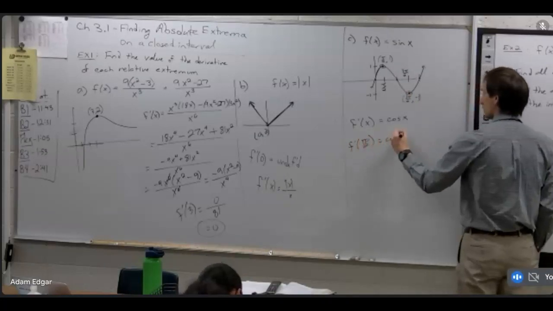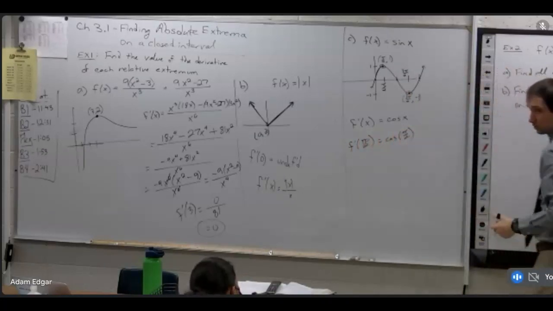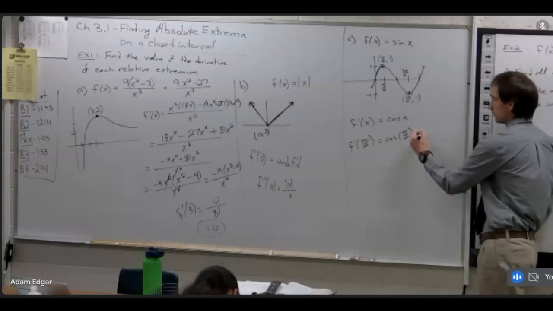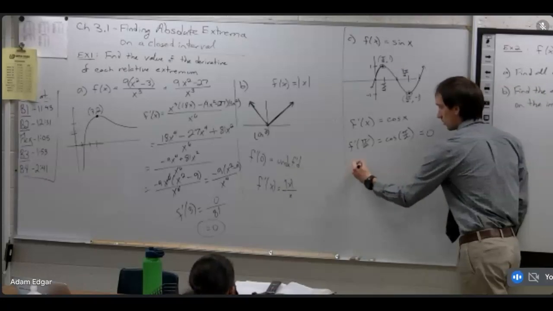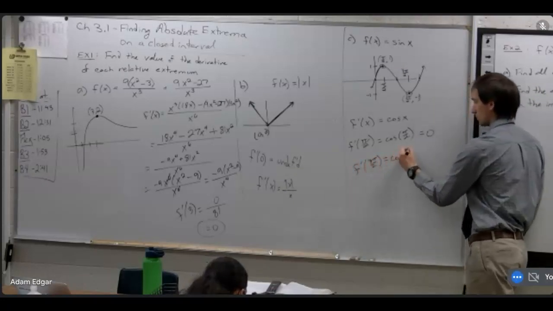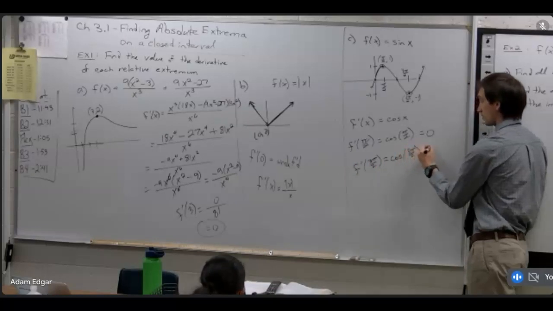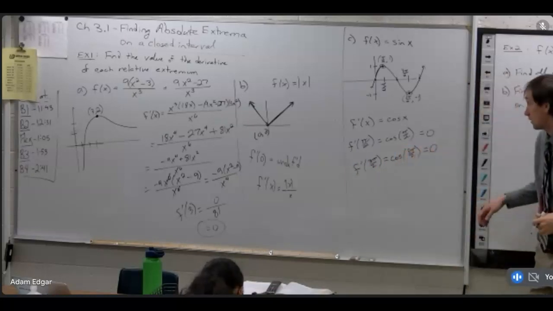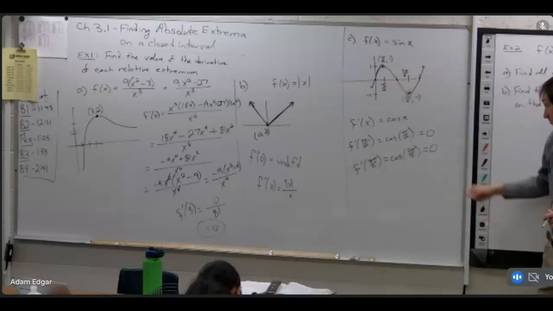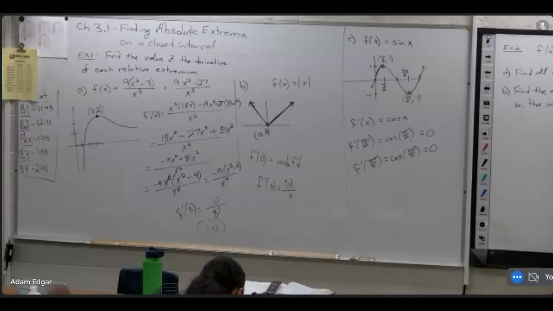Now you got to reach back to your unit circle from like February. That's 0. And what's cosine of 3 pi over 2? Yeah. And if you're not sure, you can say, well, he said that the derivative of maximums and minimums should be 0. So go with 0. And you'd be right.